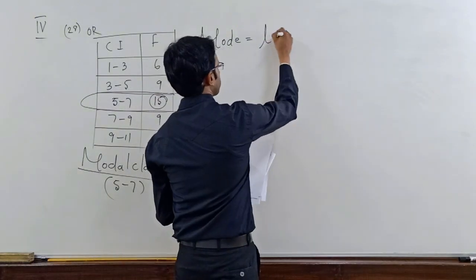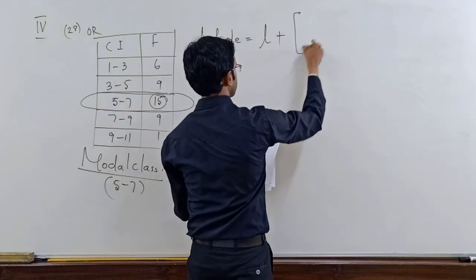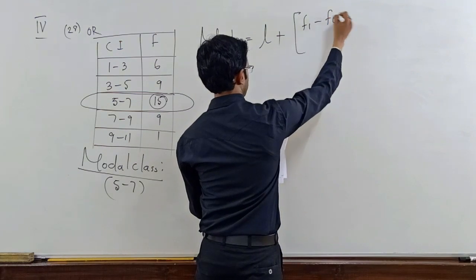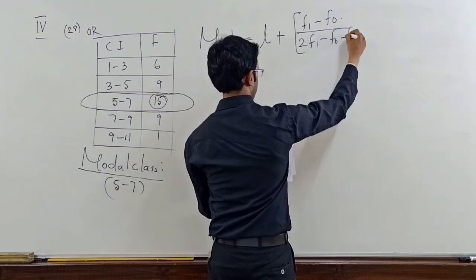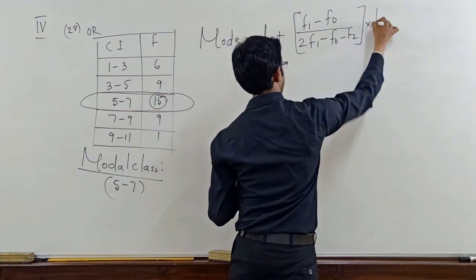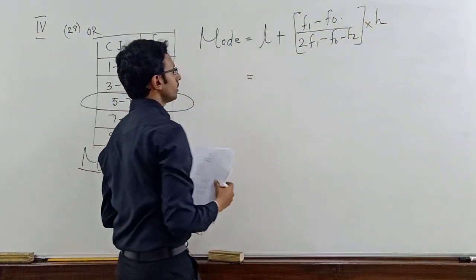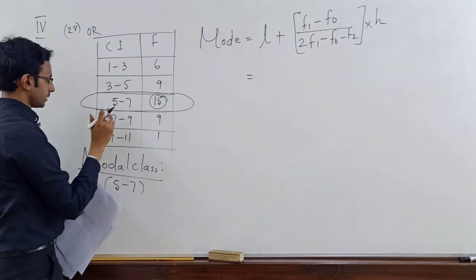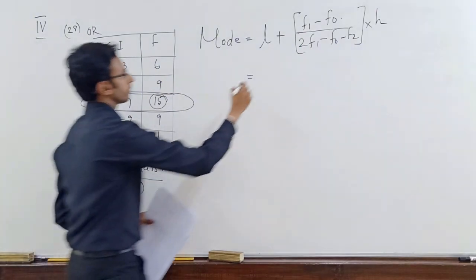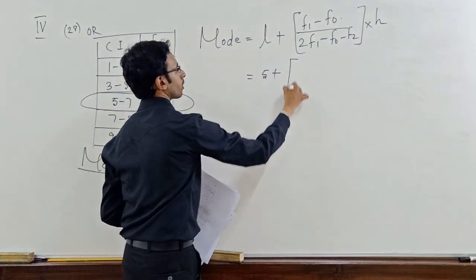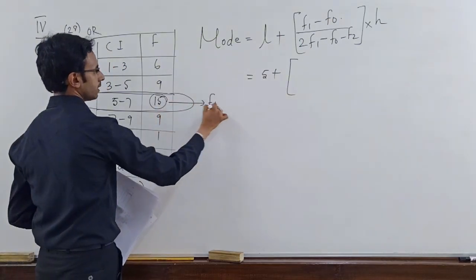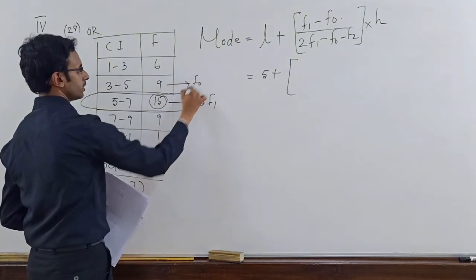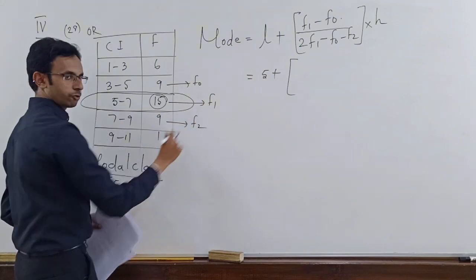The formula to calculate mode is L plus (f1 minus f0) divided by (2f1 minus f0 minus f2), into h. Here L is the lower limit, which is 5, plus what about f1, f0 and f2? This value is f1, the previous value is f0, the succeeding value is f2.